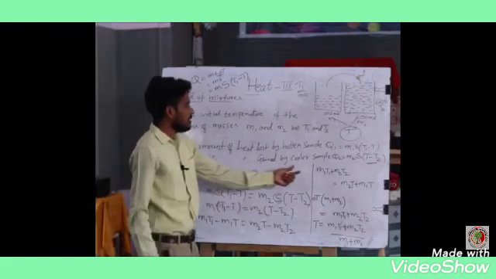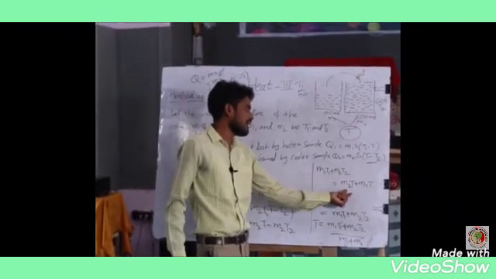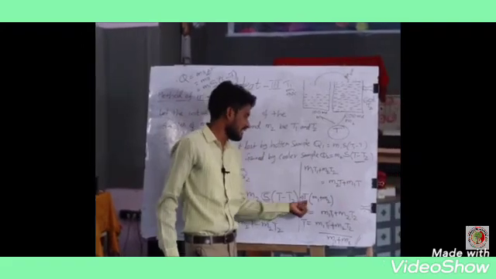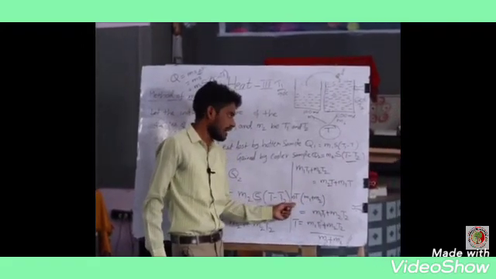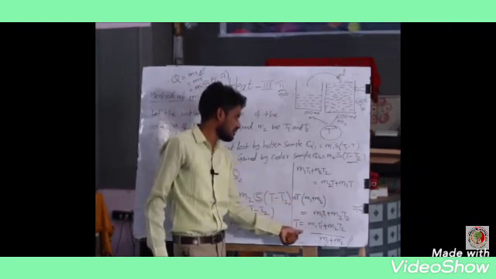If you solve, M1 T1 plus M2 T2 equals M2 T plus M1 T, T common, so (M1 plus M2) T.